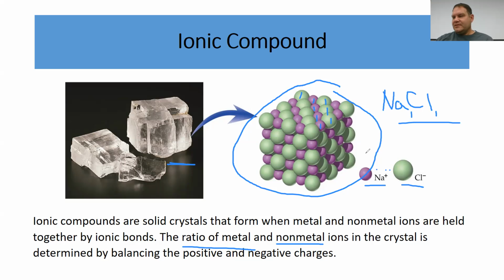Okay. Here's one last example. Okay. Here's an ionic compound. Okay. This is made up of calcium and fluorine. Okay. And makes the fluorite. It's really cool. You can see these crystals here. Okay. Made up of tons of fluorine ions.